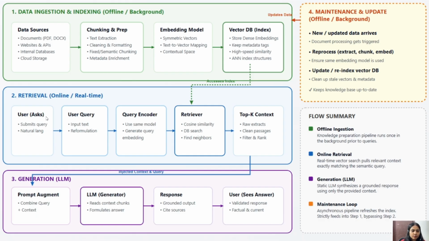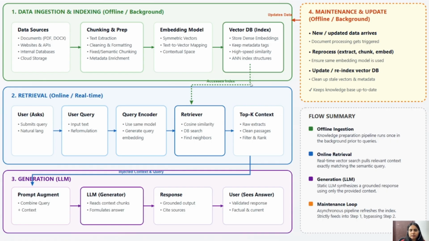If the user asks some questions, they submit their query in natural language, in normal English or any other language we can ask in. Then the user's query becomes the input text, and this will reformulate the query which we asked. Then the query encoder, which uses the same model as here, generates the embedding from that query.